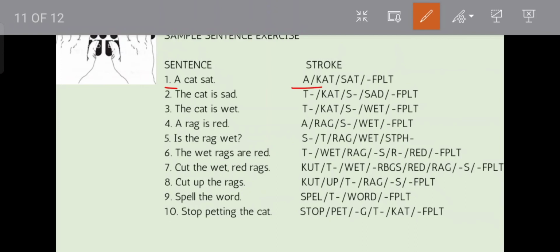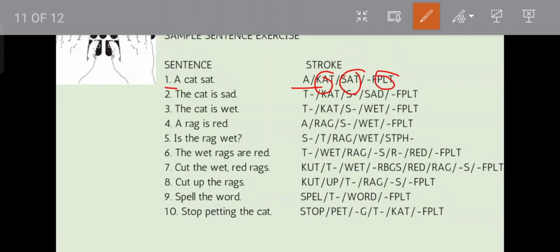So you press A for A, then KAT for cat, pressed together, one stroke, and then SAT for sat, pressed together again, and then FPLT for period.